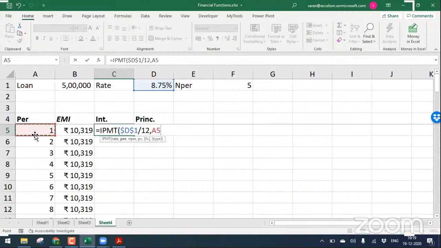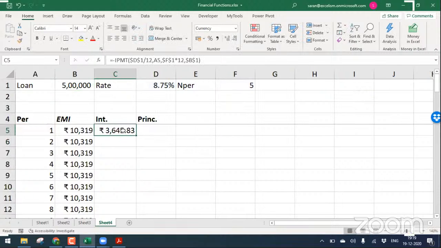Do you agree with me? Yes. Comma. How many number of periods are you going to pay the loan? So I'm going to pay this into 12. Comma. What is the present value? This is the present value. I want to make this also with the dollar symbol so that it will not change. Obviously, this is positive, this becomes negative. So let me start with minus, enter.